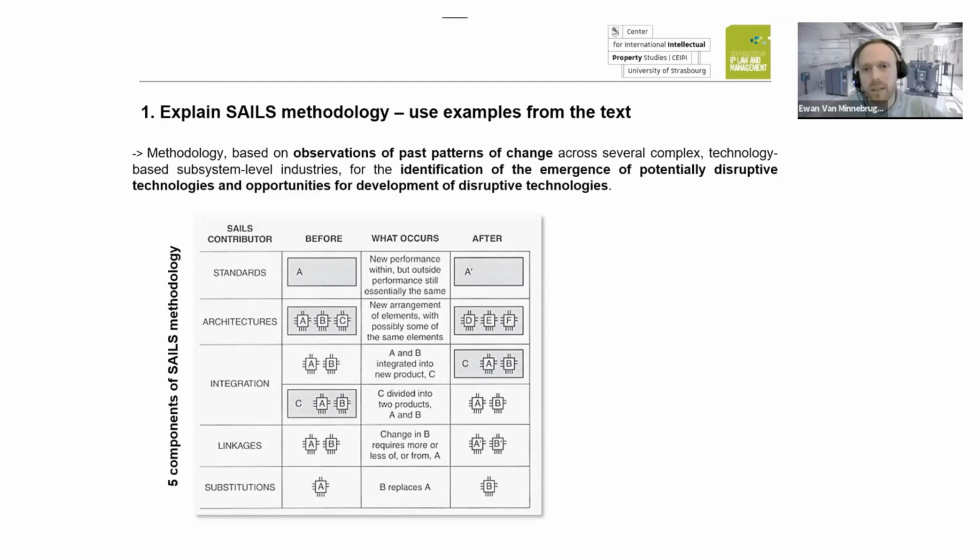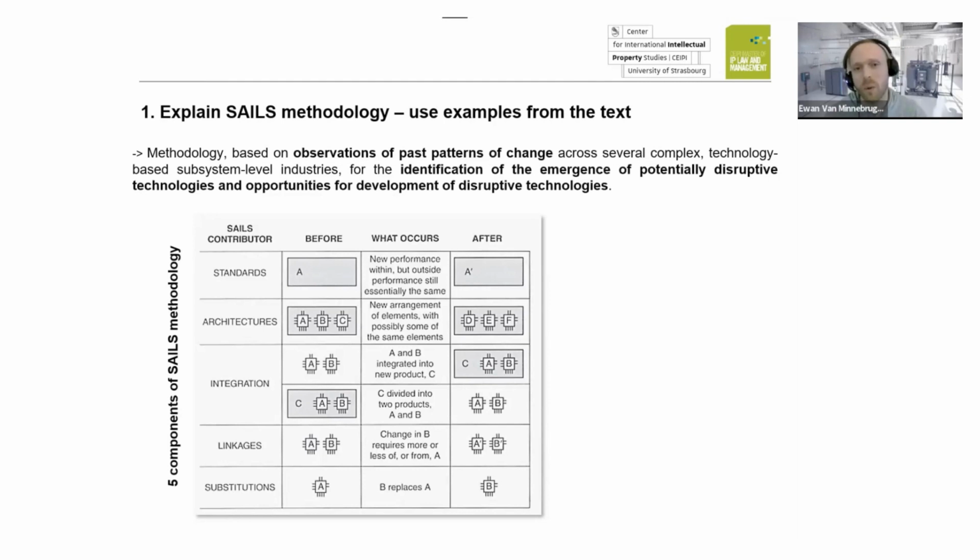I'm just going to read the definition we were able to extract from the literature. Methodology based on observations of past patterns of change across several complex technology-based system-level industries for the identification of the emergence of potentially disruptive technologies and opportunities for development of disruptive technologies.